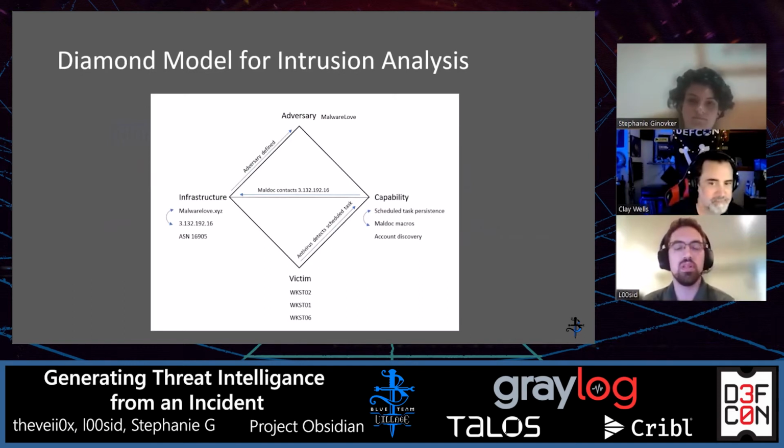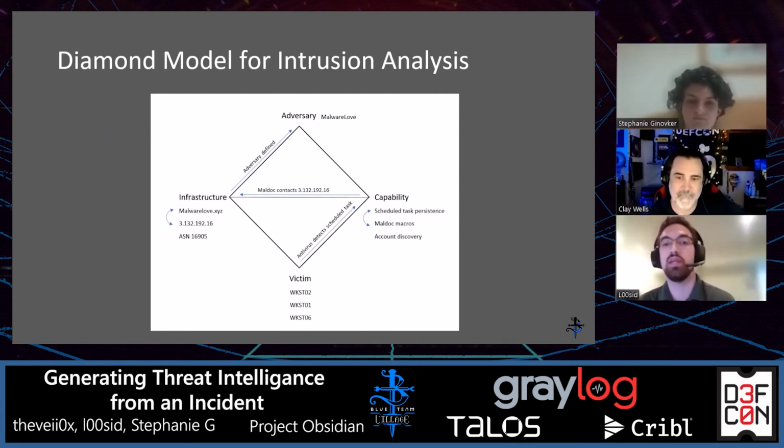So one of the things from the previous slide, the diamond model for intrusion analysis, can be used to track both failed and successful intrusions. It models the relationship between data points, and it helps with pivoting, testing theories about how things are connected or how an intrusion happened.